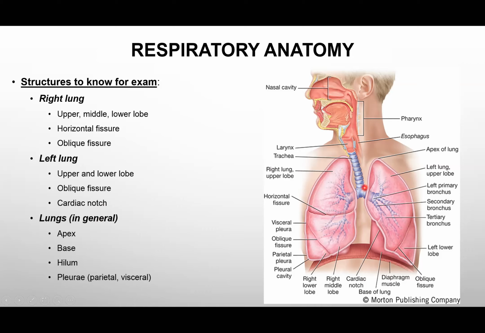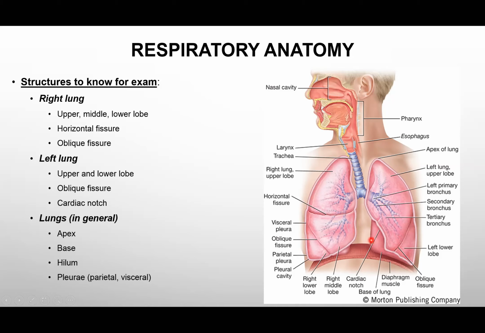As for the left lung, it has an upper lobe and a lower lobe only, separated by an oblique fissure. In addition, the left lung has a unique feature called the cardiac notch, and as you can hopefully guess, the heart would fill the space right here where the cardiac notch is.